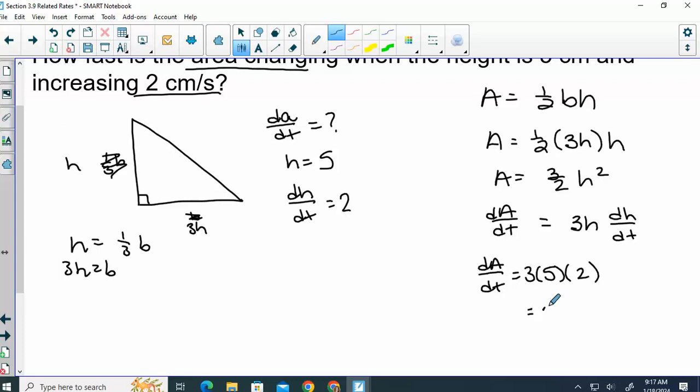What would my units be? Area is square centimeters per unit time. Questions?